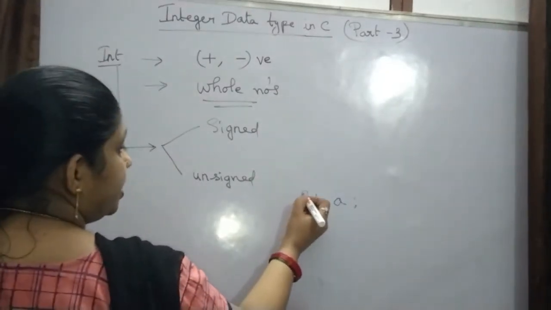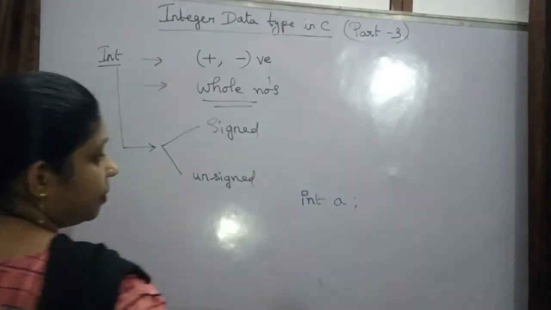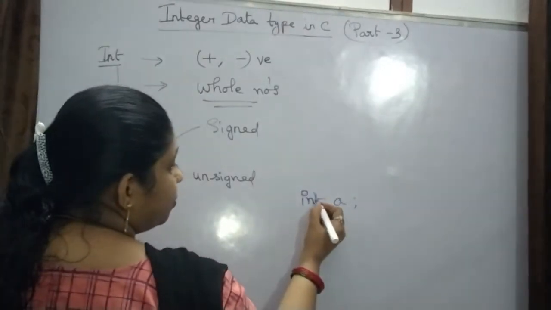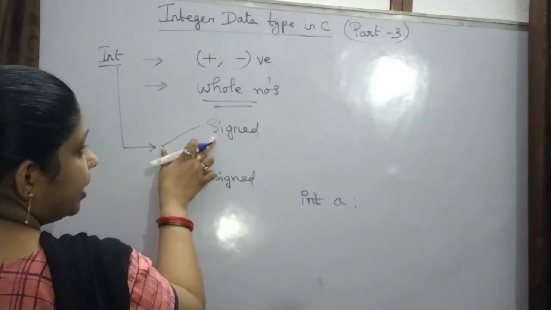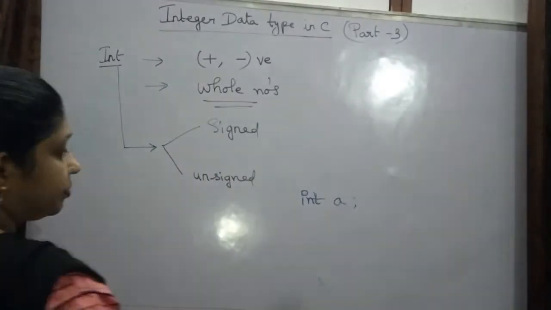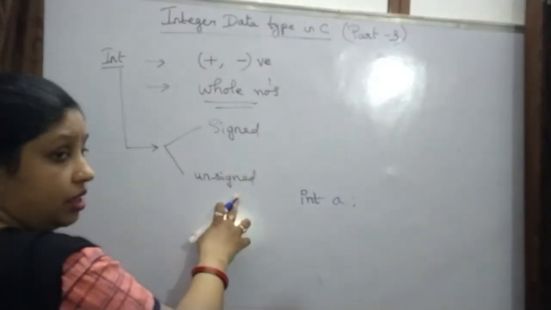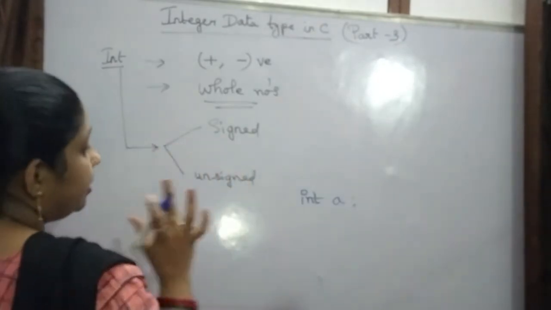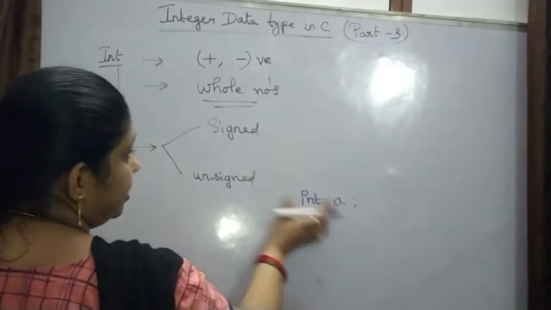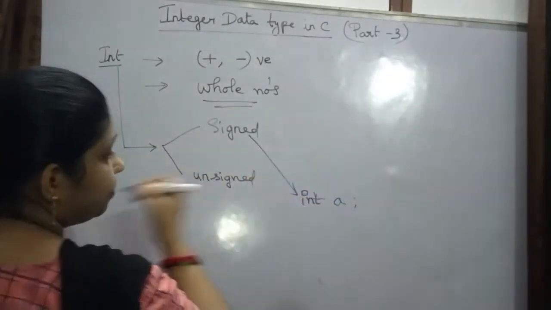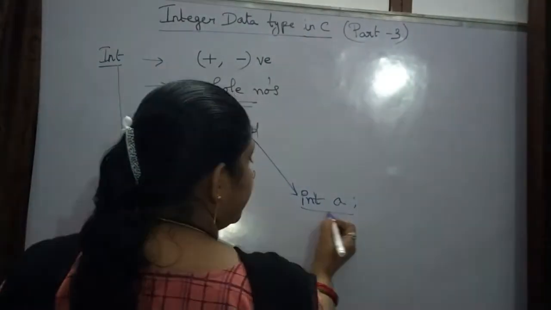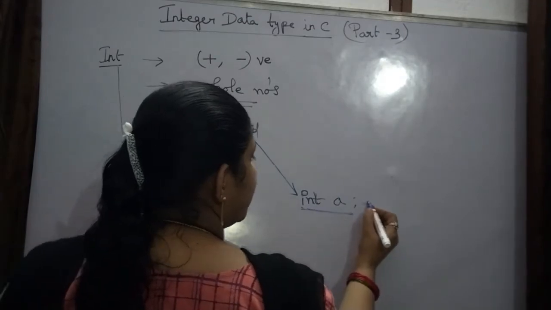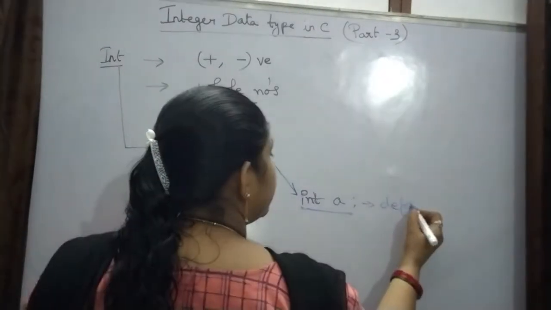Mostly in programs you might have observed that you declare like this, int a, but you won't write signed or unsigned. You might have seen unsigned but not signed. That means if you declare like this, by default it will take signed.